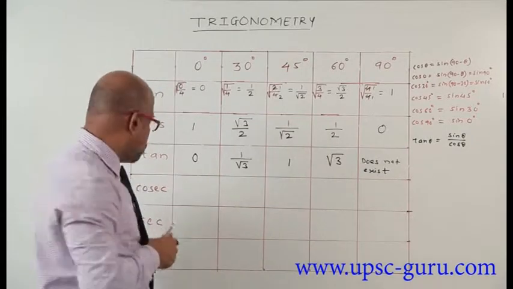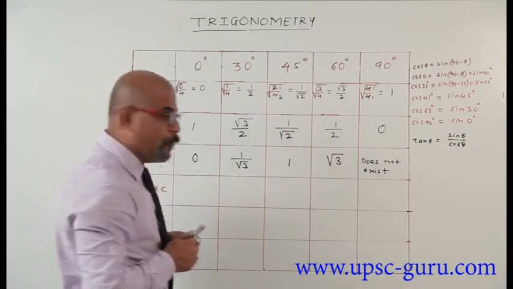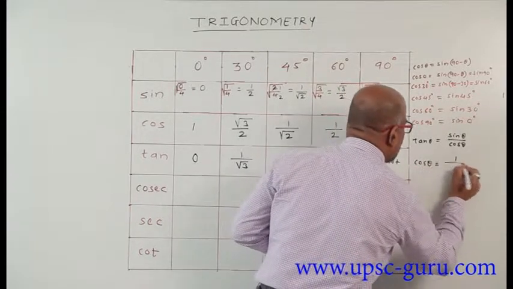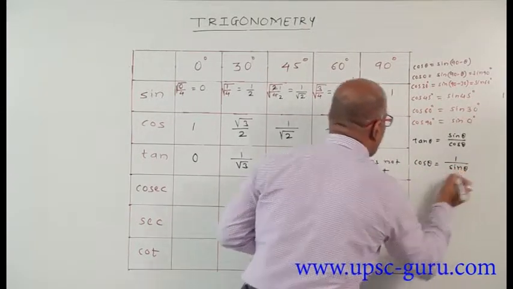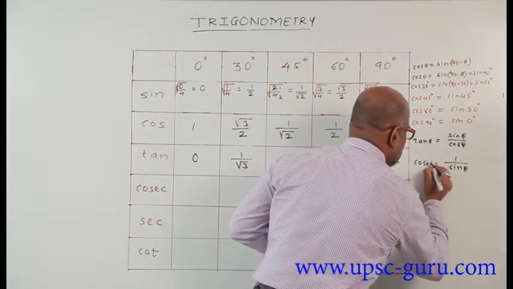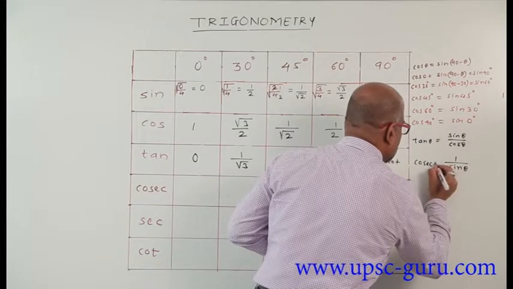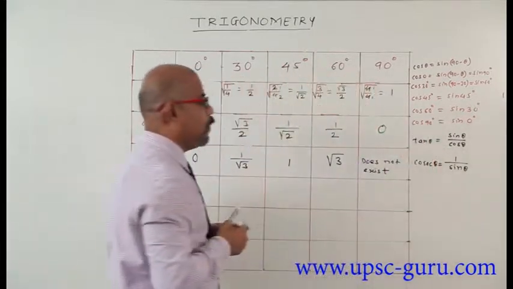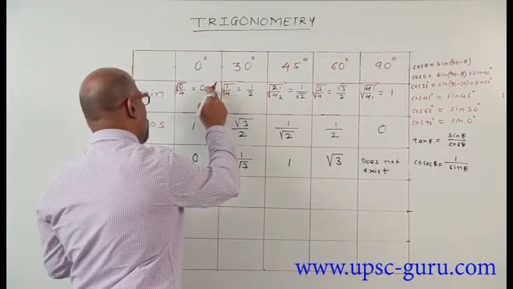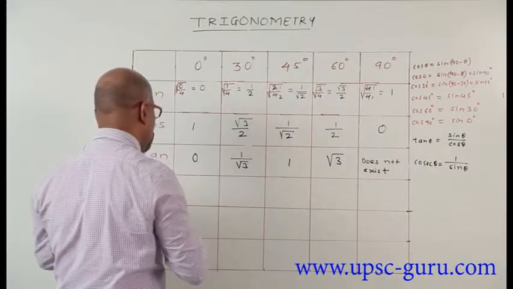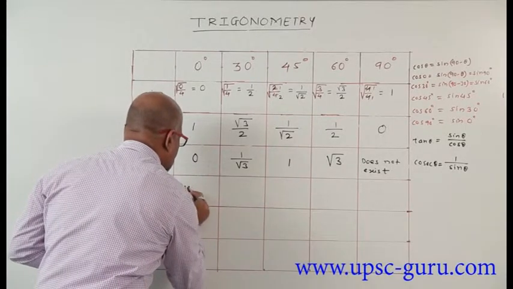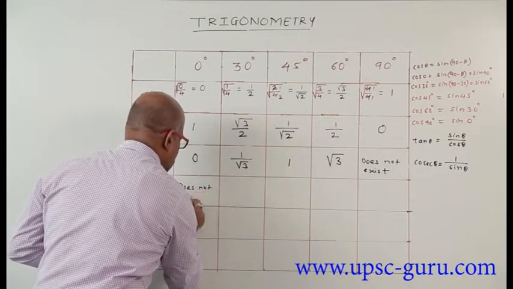Now again we know that cosec theta equals 1 upon sin theta. Cosec theta is the reciprocal of sin theta. Therefore 1 upon 0, cosec 0 does not exist.